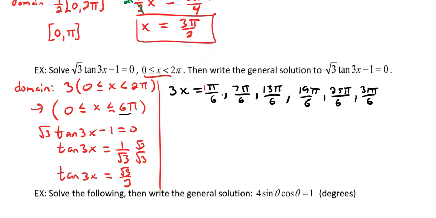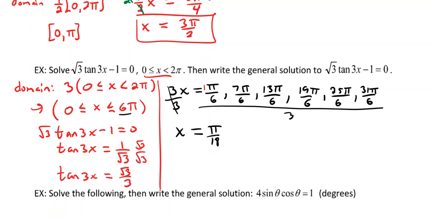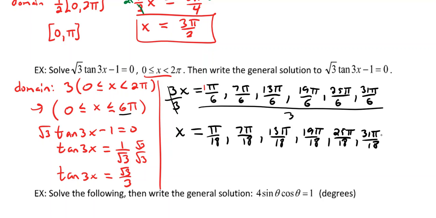But now I don't want 3x, I want x. So I'm just going to divide everything by 3. So divide by 3. And then I'm just going to say divide it all by 3, every one of those. Okay, so then we'll have x is equal to, so this would be pi over 18, 7 pi over 18, 13 pi over 18, 19 pi over 18, and 25 pi over 18, sorry, one more, 31 pi over 18, right?